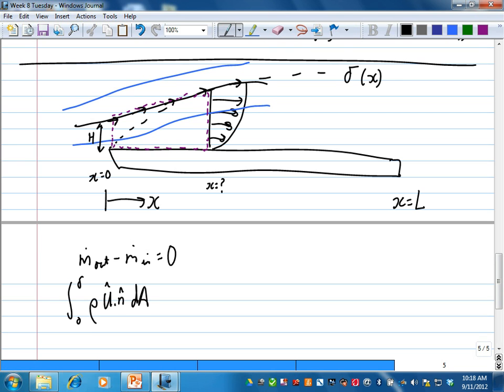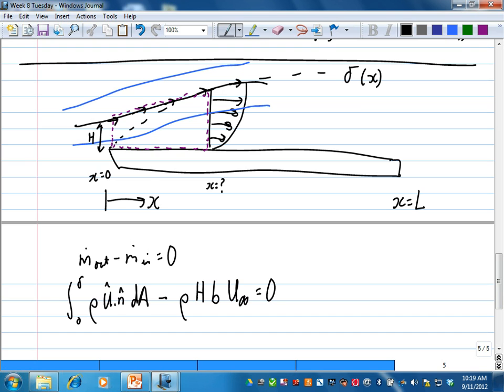Minus rho h b u infinity equals 0, where rho times area h times b, b being the depth into the page, times u infinity.